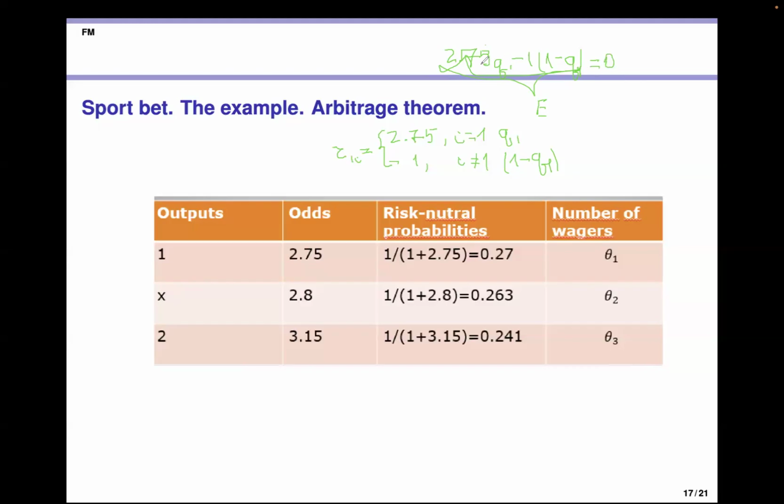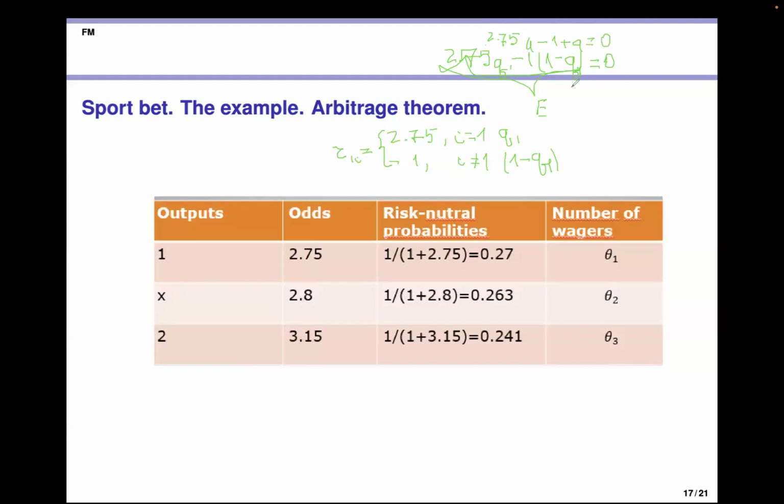So we need to solve this. It will be 2.75 Q1 minus 1 plus Q1 equals 0.